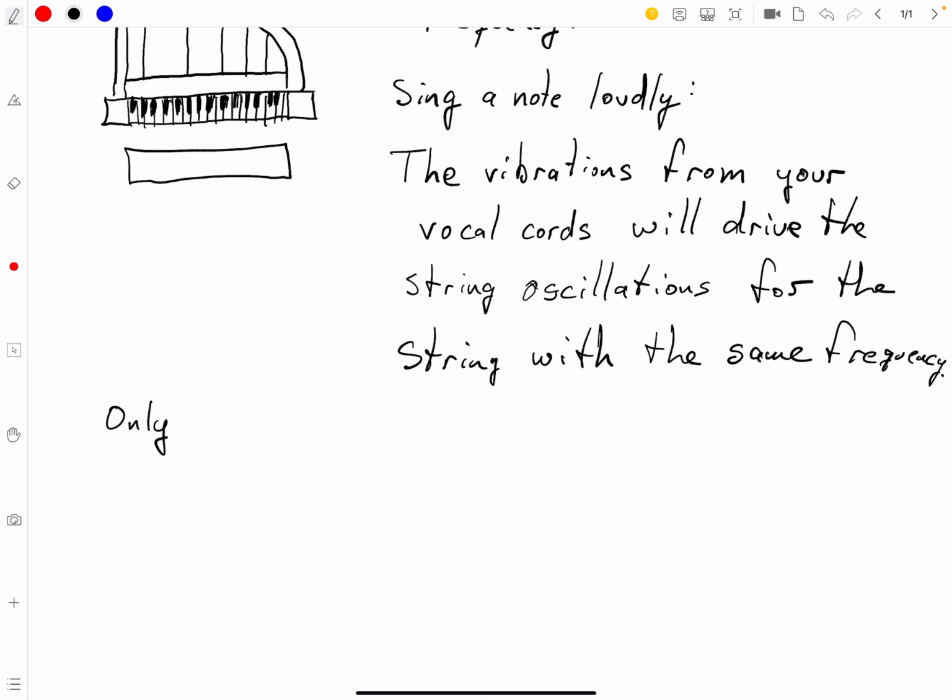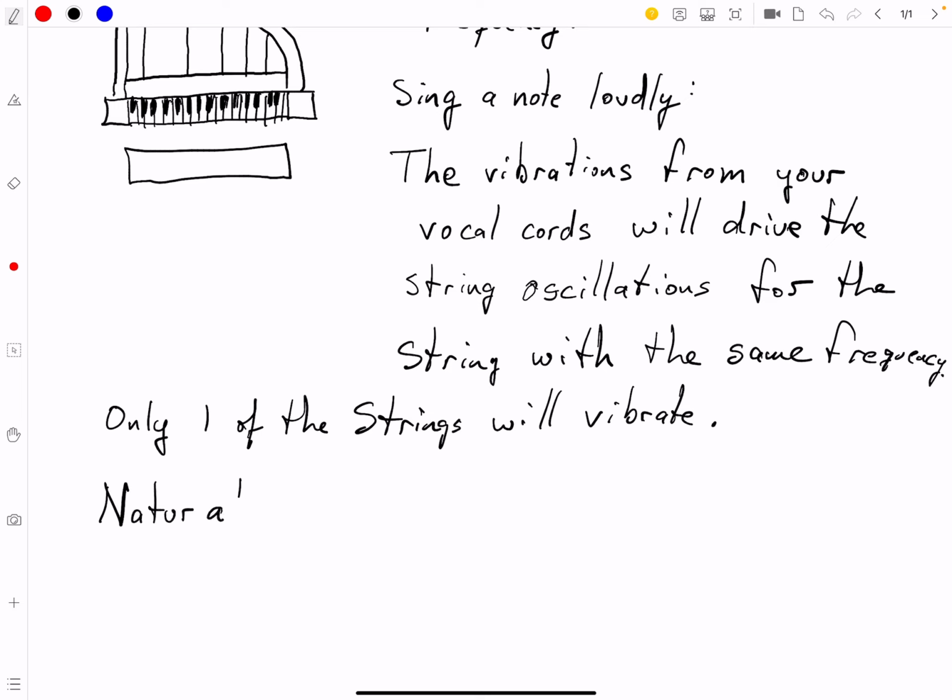Only one of the strings will vibrate. So it's the string with the natural frequency.